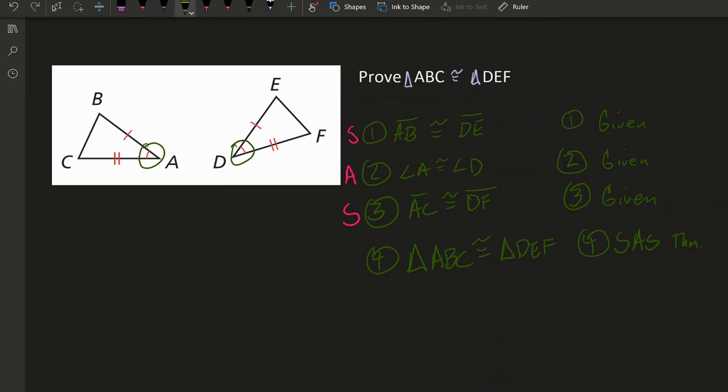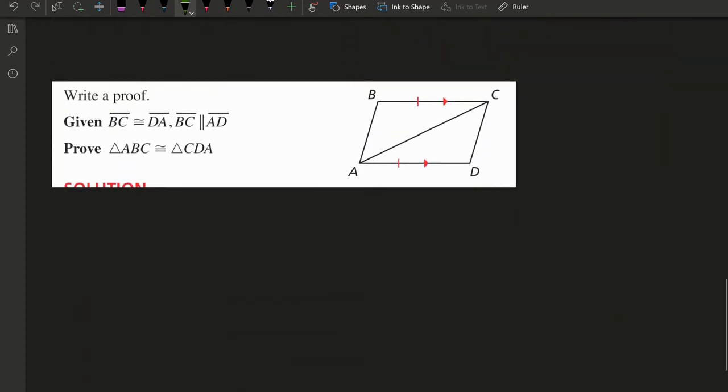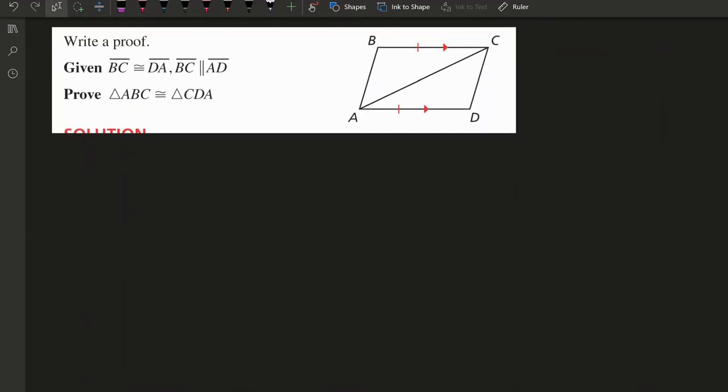Now, this was a simple proof because all of the reasons were given. So let's do one that's a little bit more complicated. So looking at this one, I have given BC is congruent to DA and BC is parallel to AD. I want to prove that ABC is congruent to CDA. So let's go ahead and get started.